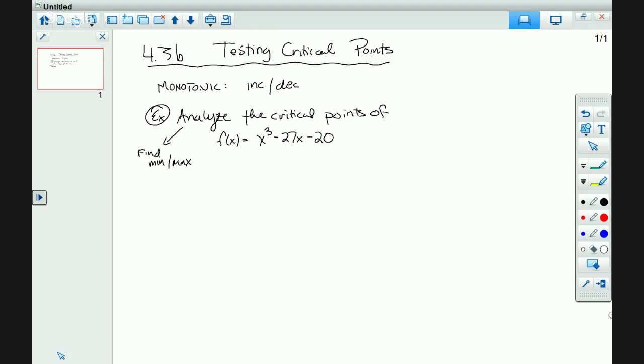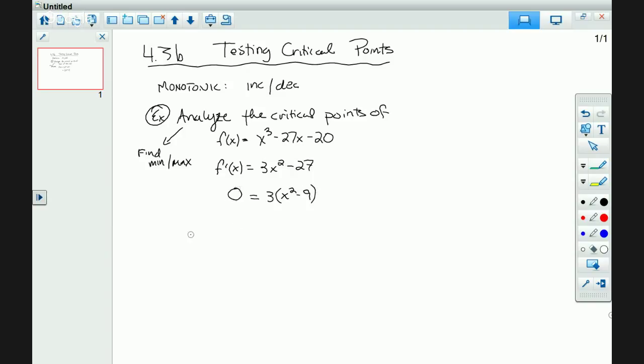Who gets this? Diana, how do I find the critical points? What needs to be over here?